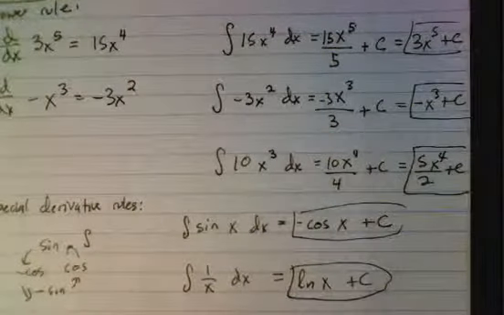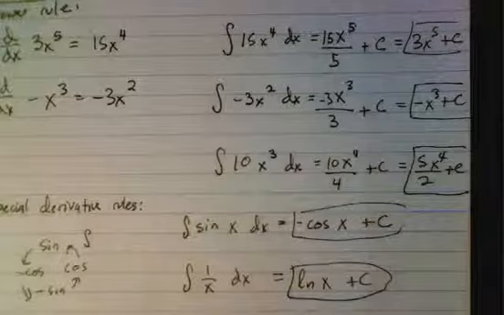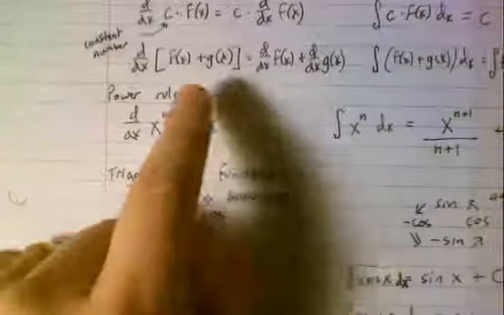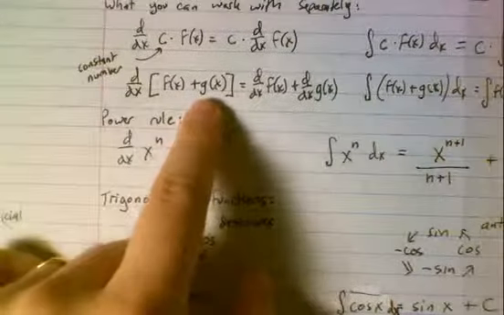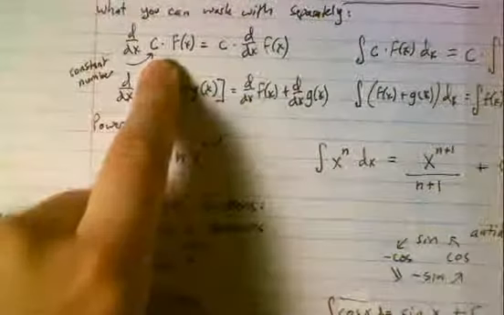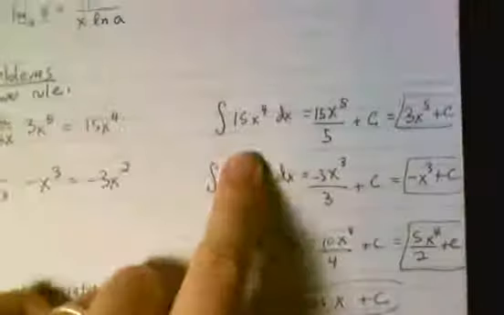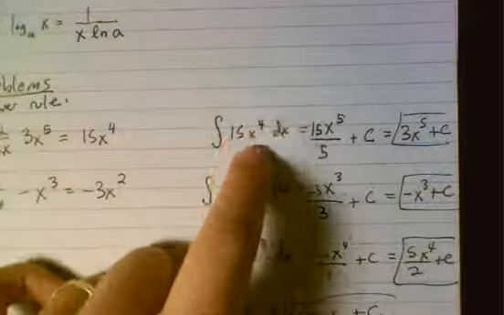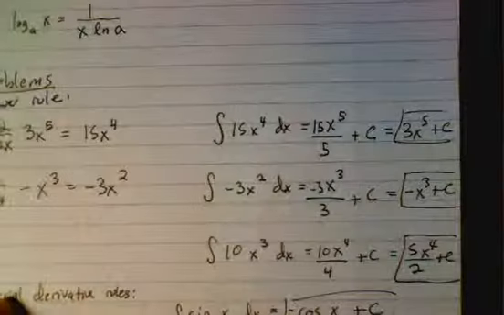The final thing that we're going to do is just use these rules that we had up here in terms of what we work with separately and what we don't. We were already using this constant multiple rule for ones like this, where the 15 was just along for the ride, and we added 1 to the exponent and divided by the new exponent. So let's work with that last little piece and then we're going to be done.